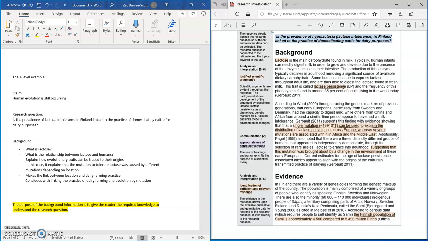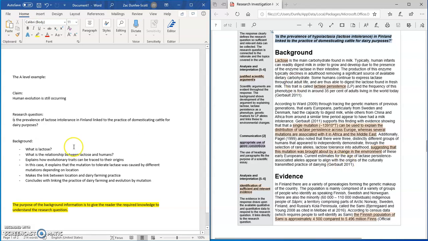So, moving on to the next part. I'm not going to read all of it, but it says, according to Ward 2009, through tracing the genetic markers of previous generations, early Europeans, particularly from Sweden and Denmark, had the capacity to digest milk, while others from China and Africa from a similar time period appear to have had a milk intolerance.